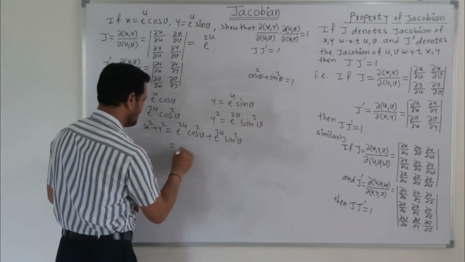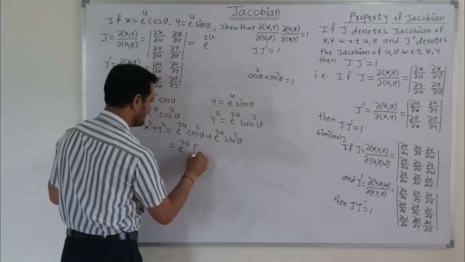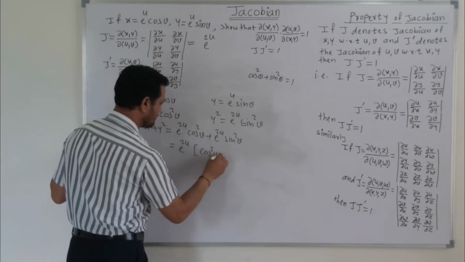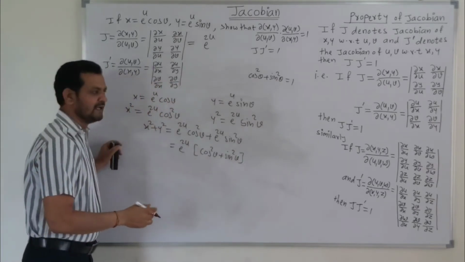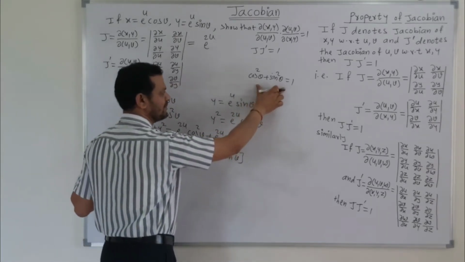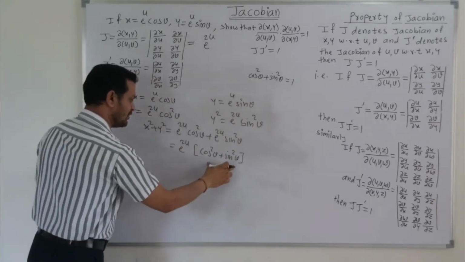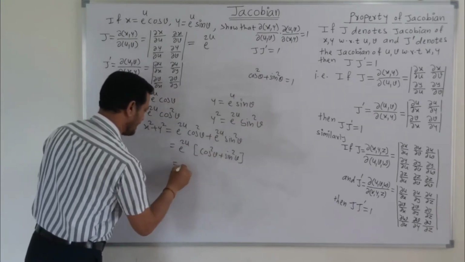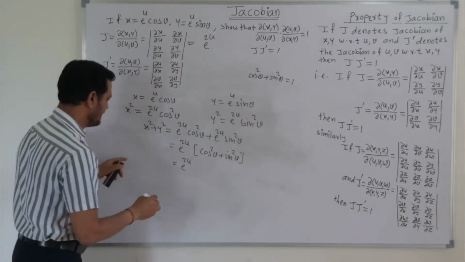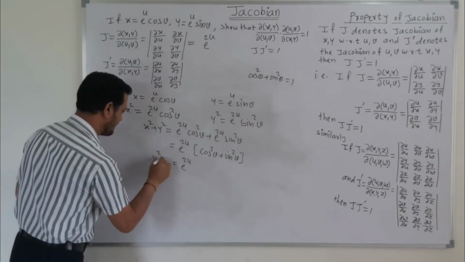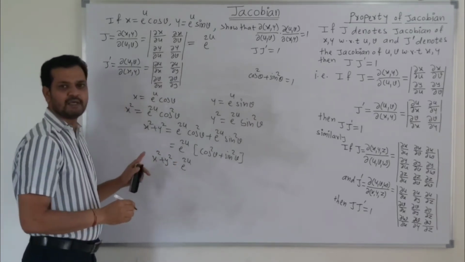So if we take the term e raised to 2u common, then we get cos square v plus sin square of v. But we know the standard formula cos square theta plus sin square theta is 1. According to this formula, we can write this as e raised to 2u. So here we get the value of x square plus y square is equal to e raised to 2u.